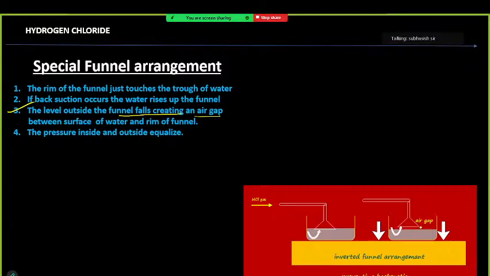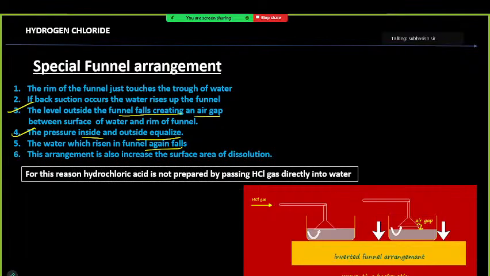Here some air gap is present, so the pressure inside and outside is equalized, and as a result no water should rise in the funnel, or if at all it rises, it falls back. So this type of funnel arrangement should be used in order to prevent back suction, and for this reason hydrochloric acid is not prepared by passing HCl gas directly into water.